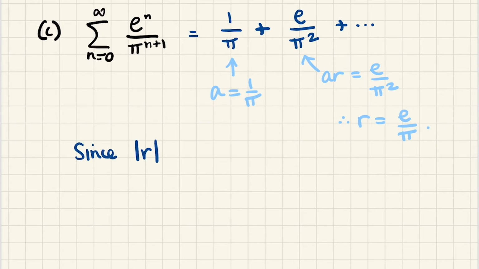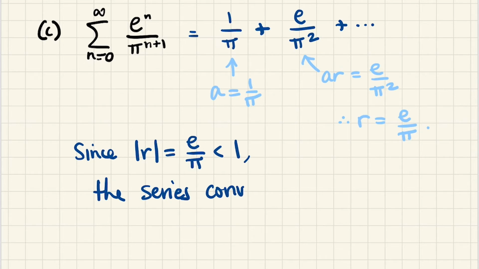Okay. So the absolute value of r is e over pi, and that's less than 1 because e is 2.7 and pi is about 3.14. So since we have an r value here whose absolute value is less than 1, the series converges.